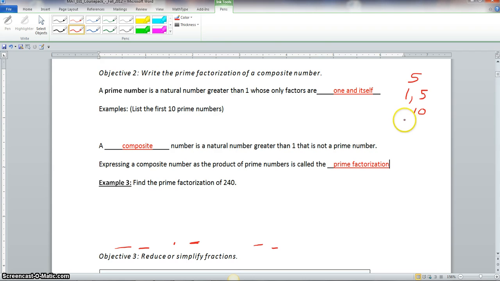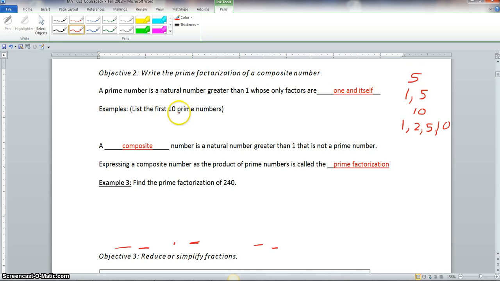Yes, we could get the factors of 10 as 1 and 10, but we know there's two other factors, 2 and 5. Now 1 times 10 is 10 and 2 times 5 is 10. So this is why this is not a prime number and this is. This has only 2 factors. This has more than 2 factors. So this is a prime number.